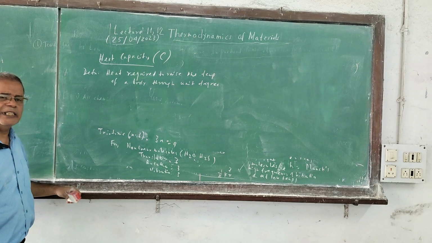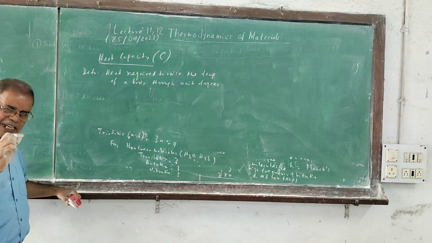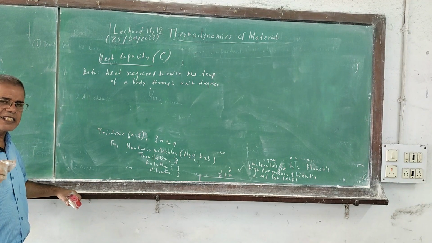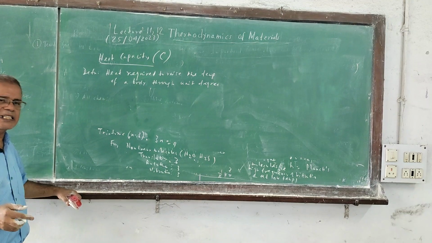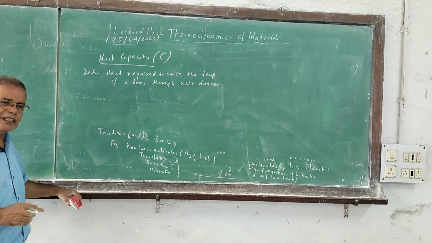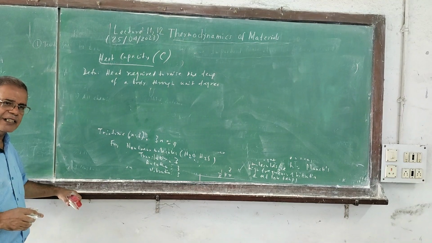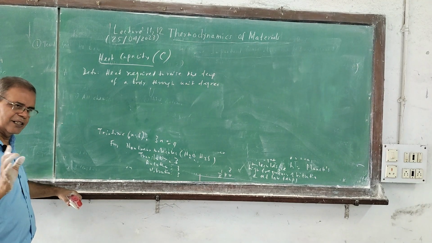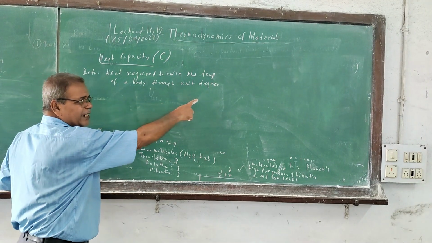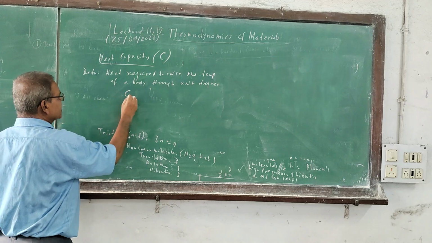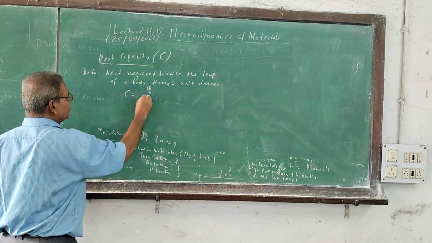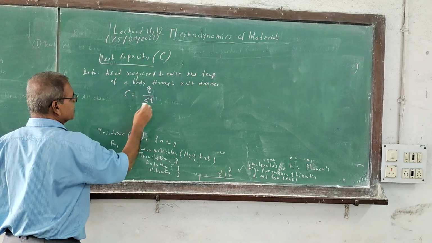Unit degree in centigrade. Change in temperature in centigrade or Kelvin, are they different? 1 degree centigrade and 1 degree Kelvin as a change, remember. So 1 unit degree centigrade or Kelvin. Okay. So C is from this, Q by delta T.